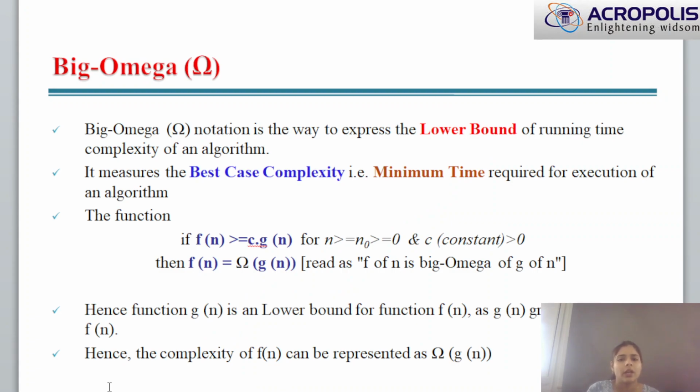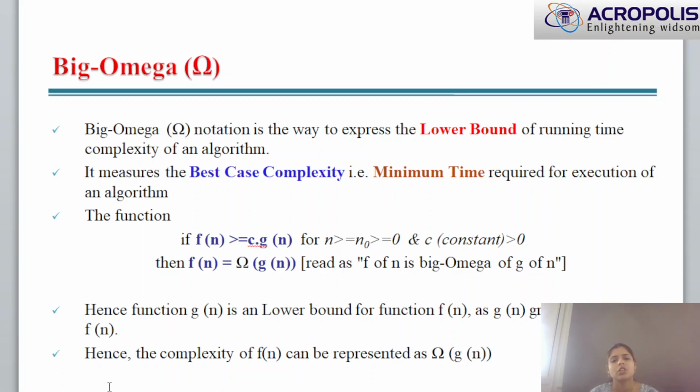Big omega notation is the way to express the lower bound of running time complexity of an algorithm. It measures the best case complexity, the minimum time required for an execution of an algorithm. If f(n) is greater than or equal to a constant times g(n), then f(n) equals omega of g(n).